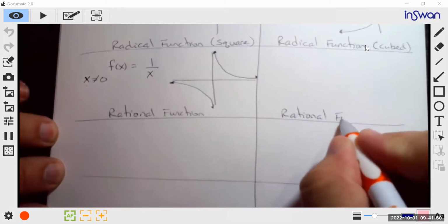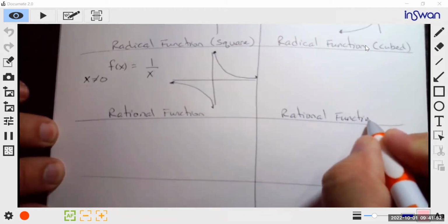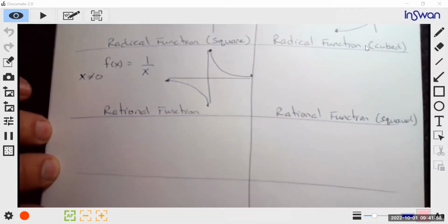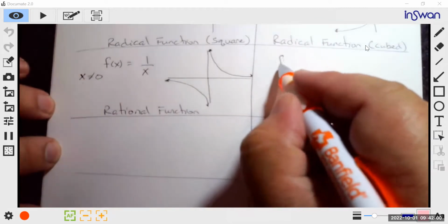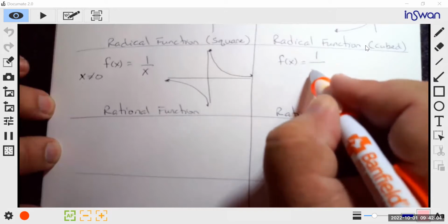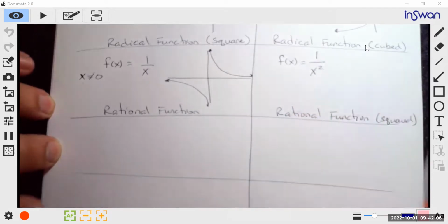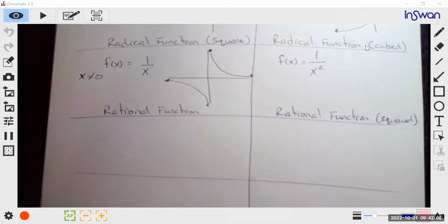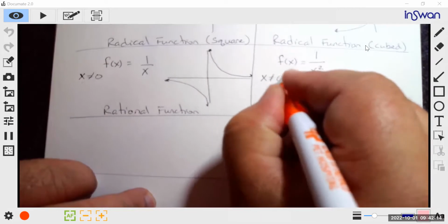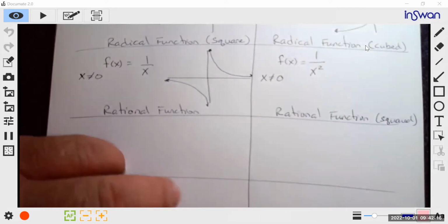A rational function squared. Now, this is if X is on the bottom and X, or the equation of X, is squared. Again, we still have asymptotes because you cannot have 0 on the bottom.